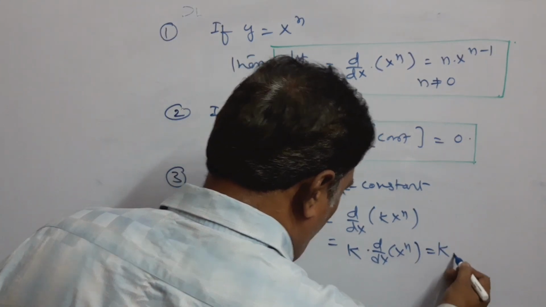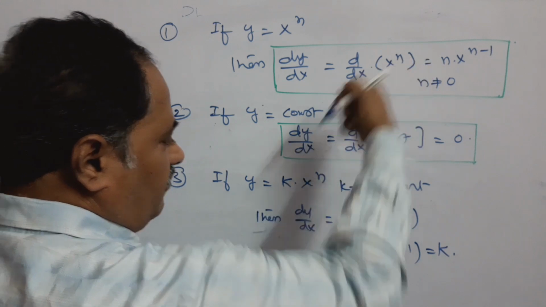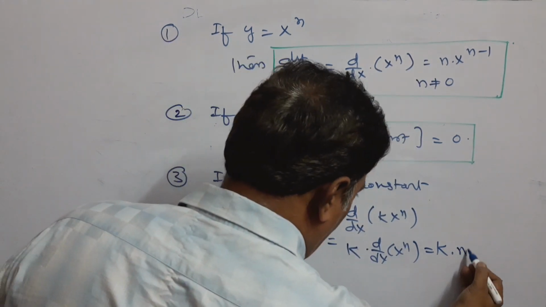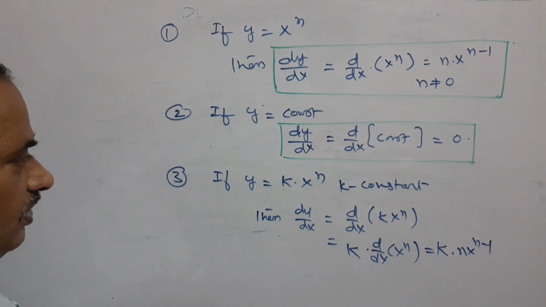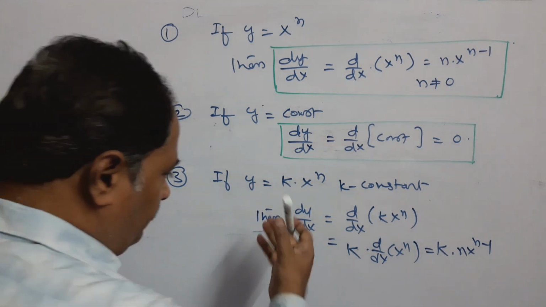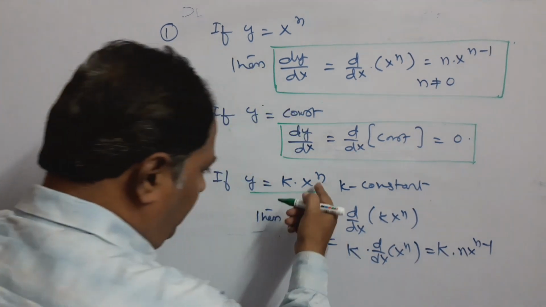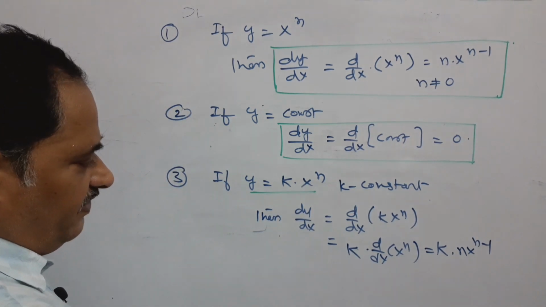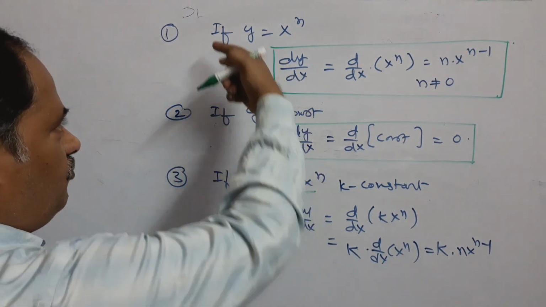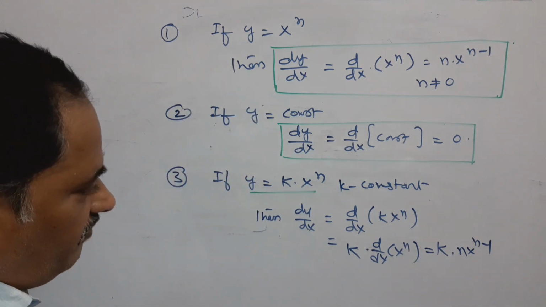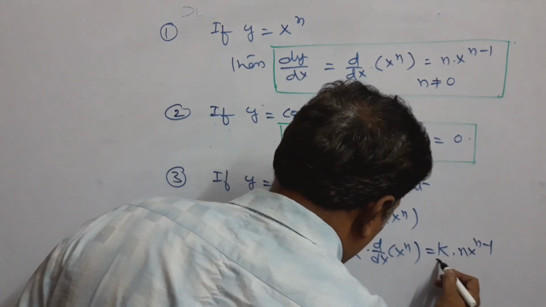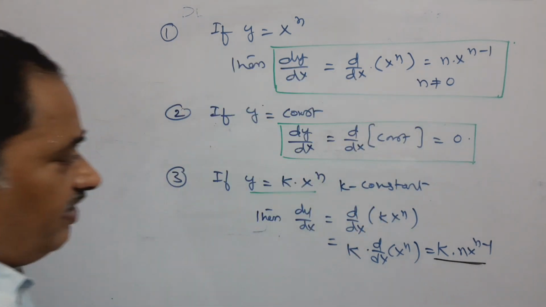By using rule number 1, d by dx of x power n is n into x power n minus 1. So, in the case of a constant coupled with x power n, the final value equals k into n into x power n minus 1.